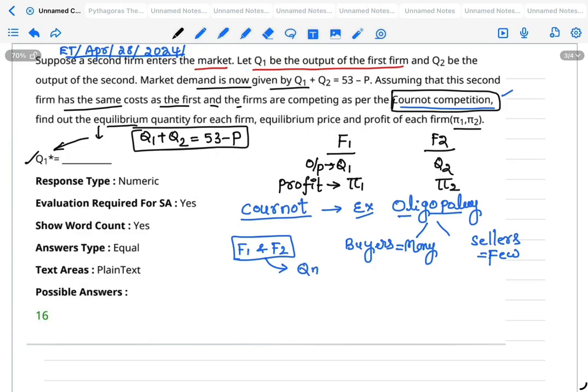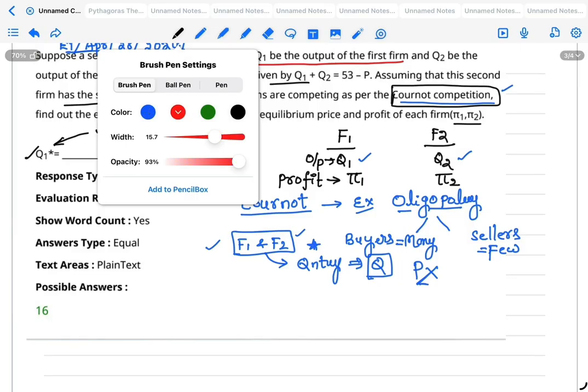Very important, quantity Q, produced by firm 1 and firm 2. They don't consider the price in Cournot competition, because they are given Q1 for firm 1 and Q2 for firm 2. That is regarding Cournot competition.